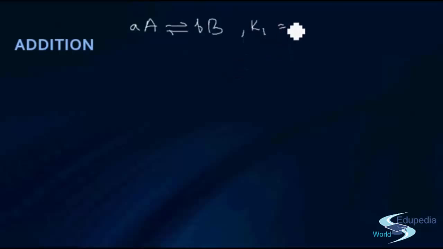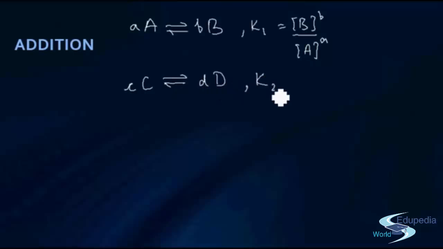So I know that K1 is equal to capital B divided by capital A raised to their stoichiometric coefficients, and my other reaction is this. Its equilibrium constant K2 is also given to me, and it is given as this. This we know how to calculate.